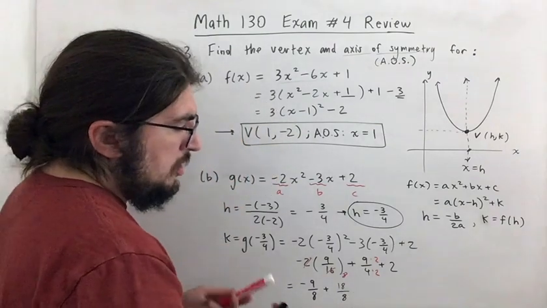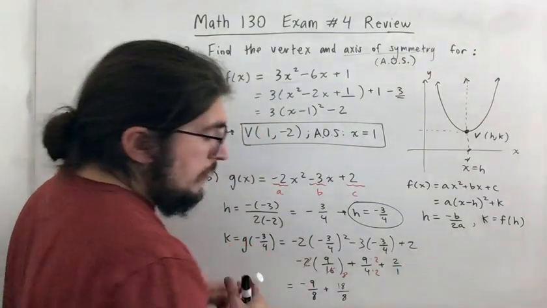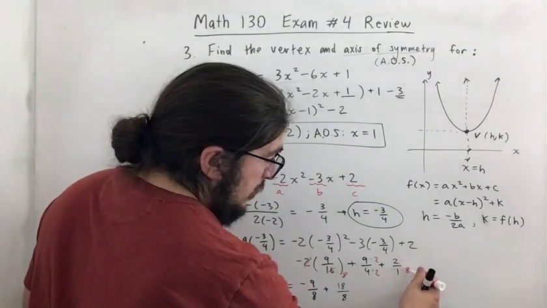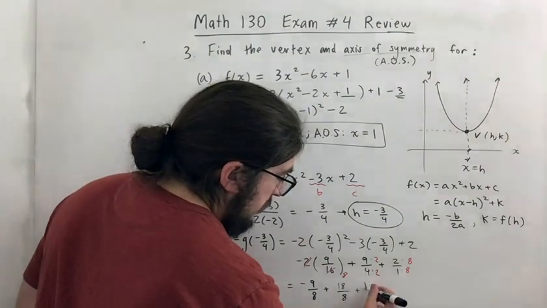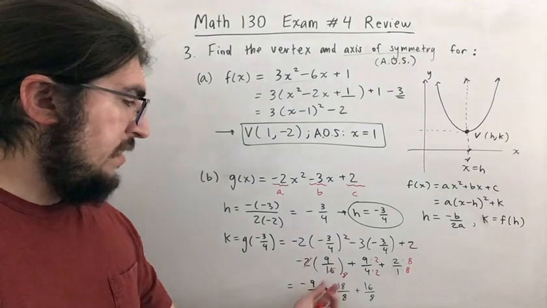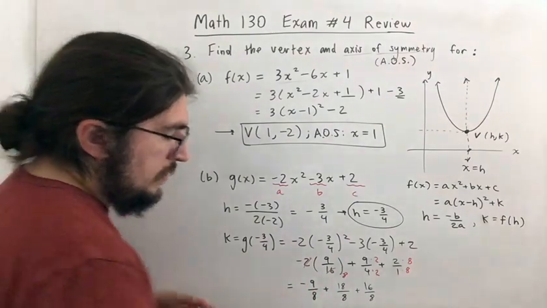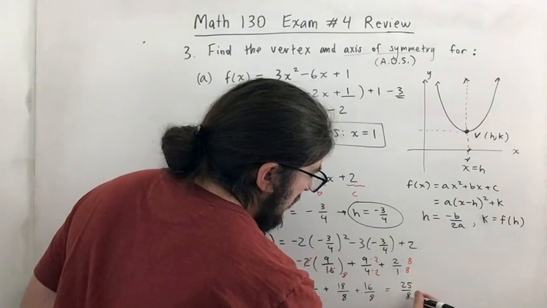And 2 technically is 2 over 1, right? So if you multiply top and bottom of this by 8 to get that common denominator of 8, that becomes positive 16 over 8. So combining these, negative 9 plus 18 is 9, so that's 9 plus 16, which is 25 over 8.